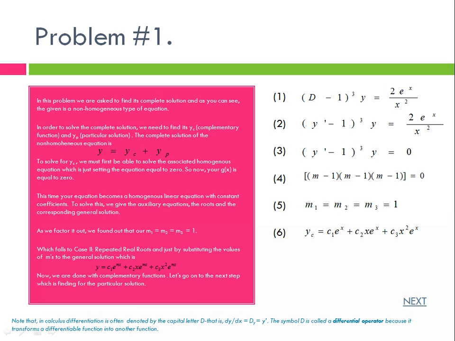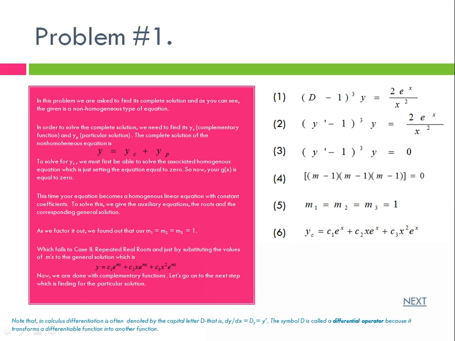As we factor it out, we find that m sub 1 equals m sub 2 equals m sub 3 equals 1. Equations 4 and 5 show the factorization part. In equation 5, we see that the value of m is equal to 1, which falls to case 2, which is repeated real roots.